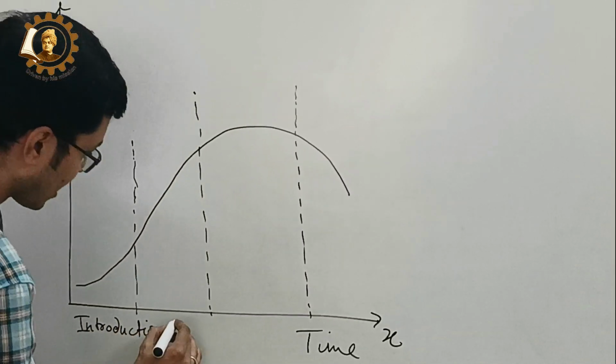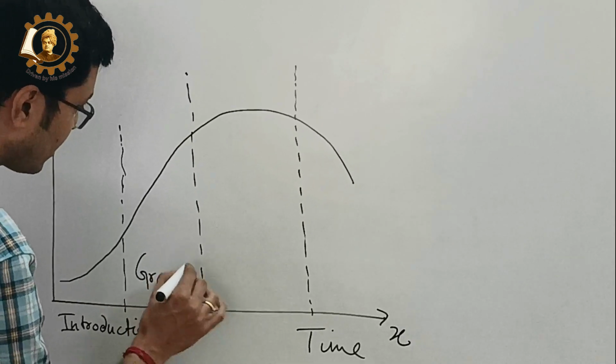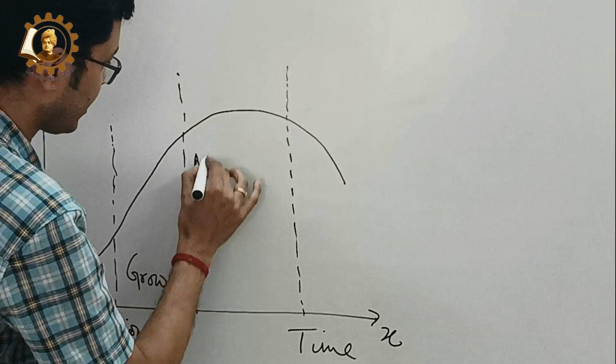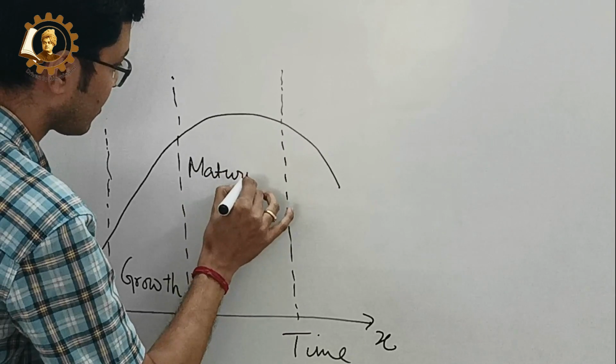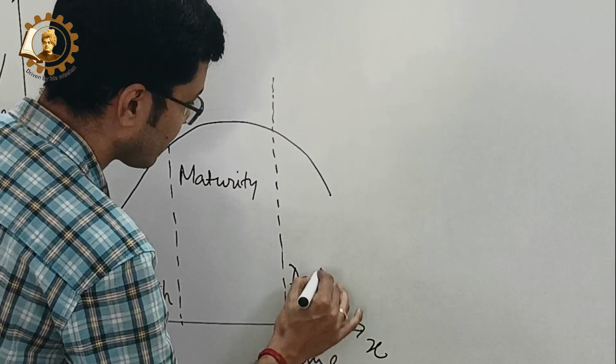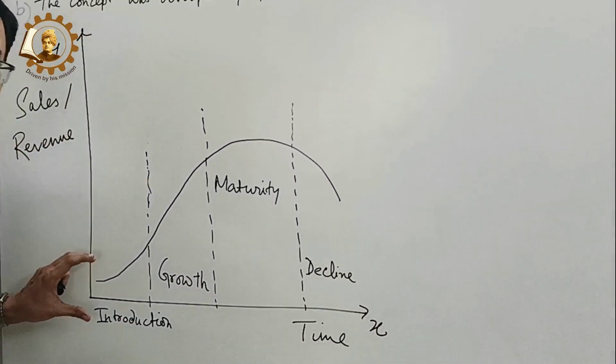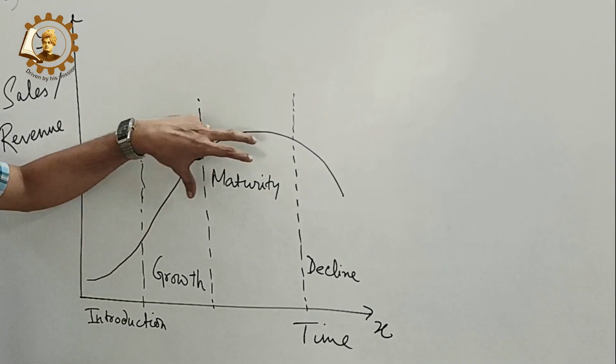This phase is the growth phase. And this phase is the maturity phase. And this is the decline phase. So there are four phases. It starts with introduction, then growth, then maturity and decline.